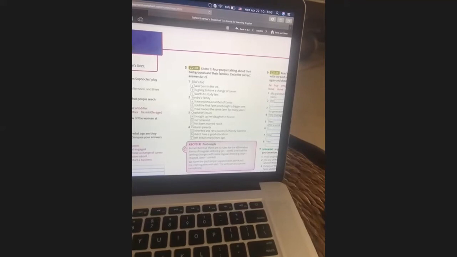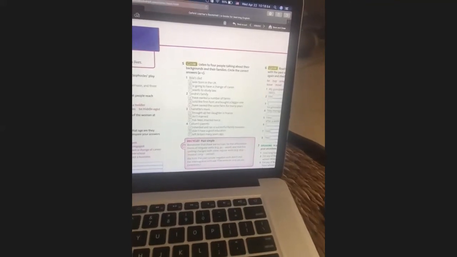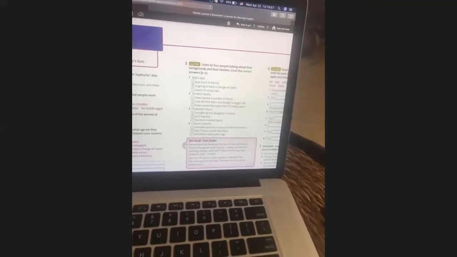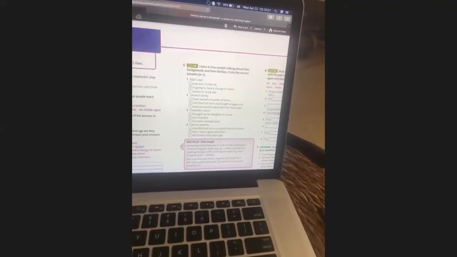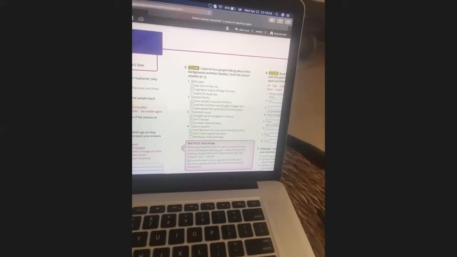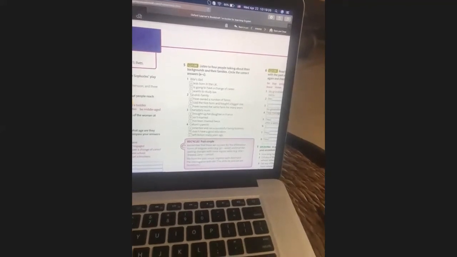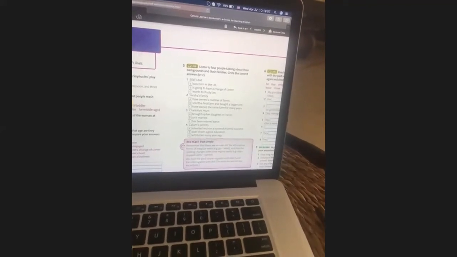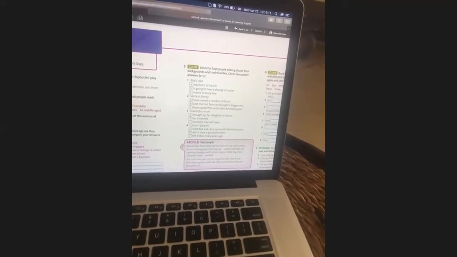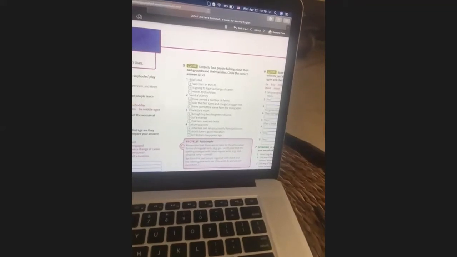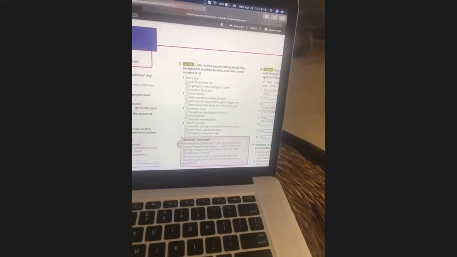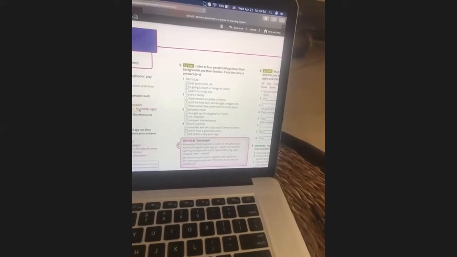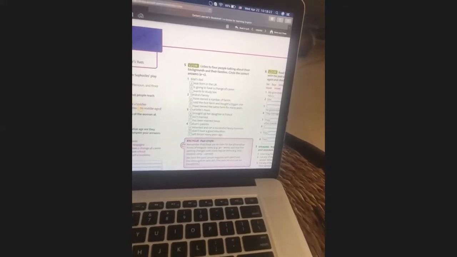So number 1 would be infant. So some of you are confused. So 1 is infant. 2 is toddler. Yes. 3 is young child. 4 is teens. 5 is 20s. 6 is middle-aged. 7 is adult.